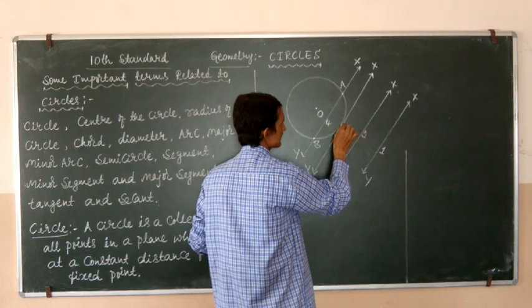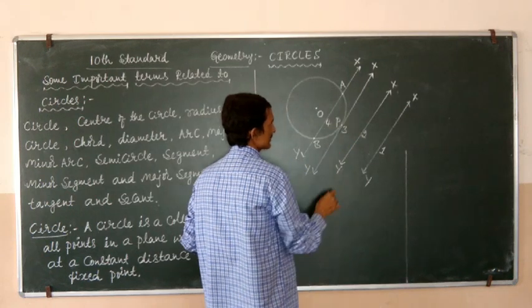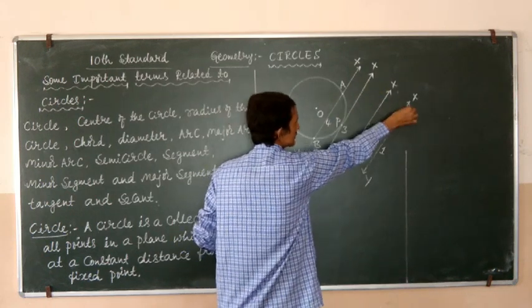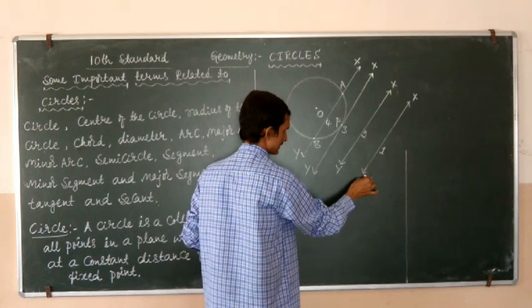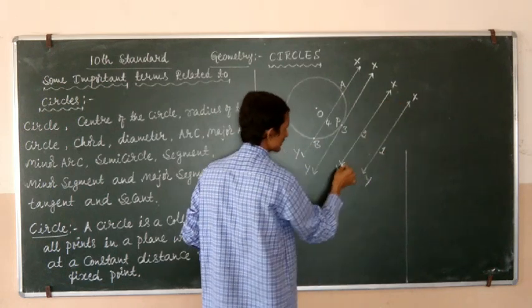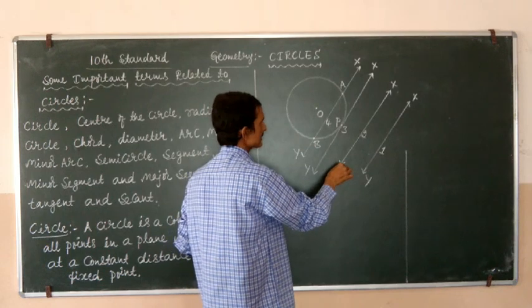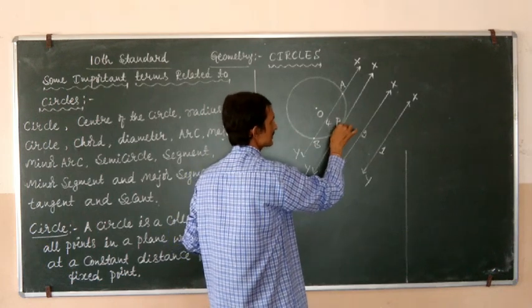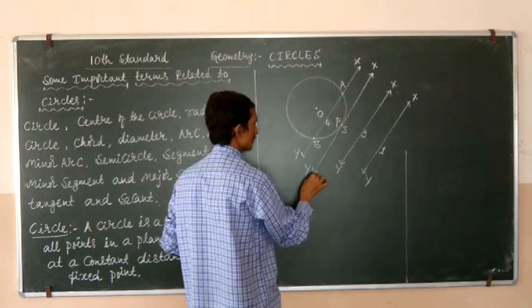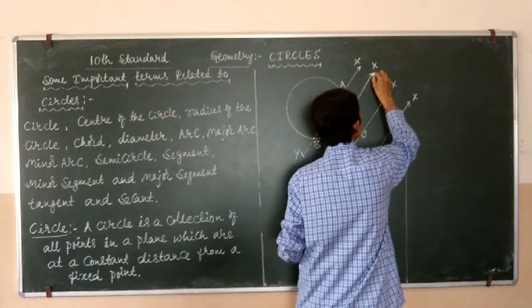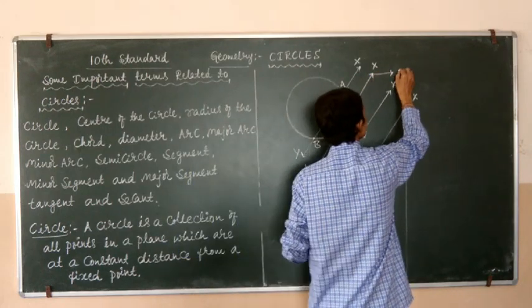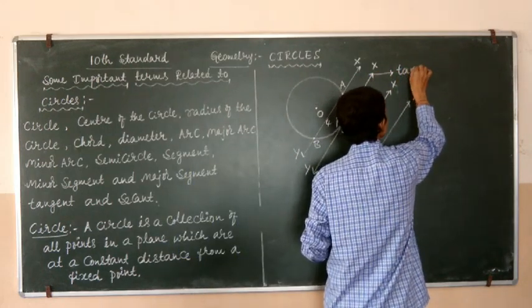I will call this as P. So here XY is called as a line segment. Here also XY is called as a line segment, but here the XY is called as tangent.